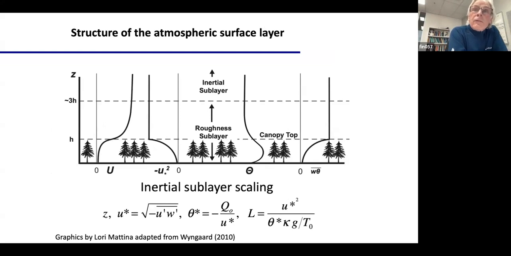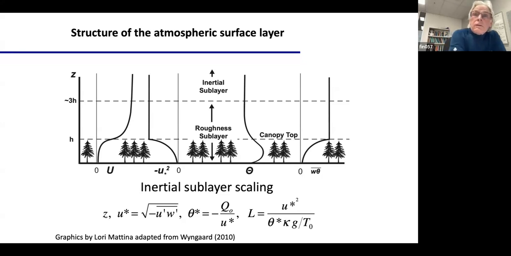The roughness sublayer, which extends up to 2 or 3 canopy heights, where the turbulent structure is affected by processes in the canopy, even though we're above the vegetation. And then the inertial sublayer, sometimes called the log layer, where the Monin-Obukhov theory actually works until we get up into the mixed layer.